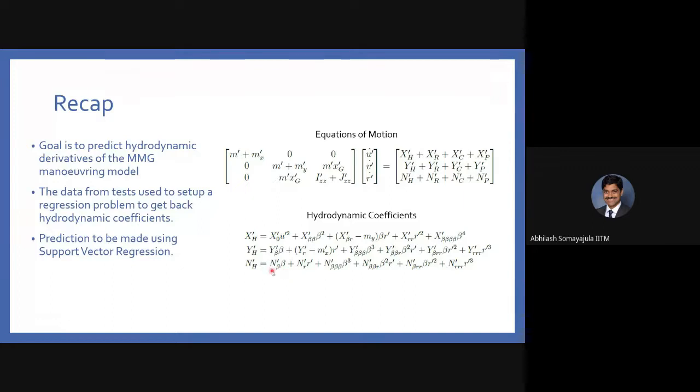So you can think of it notionally as a certain amount of water which is oscillating along with the ship. That mass is also included in your dynamics, and that mass is what is given as the added mass in surge, sway, and yaw. In yaw, it will not be a mass but rather a mass moment of inertia, which is why you represent it by J in that equation.